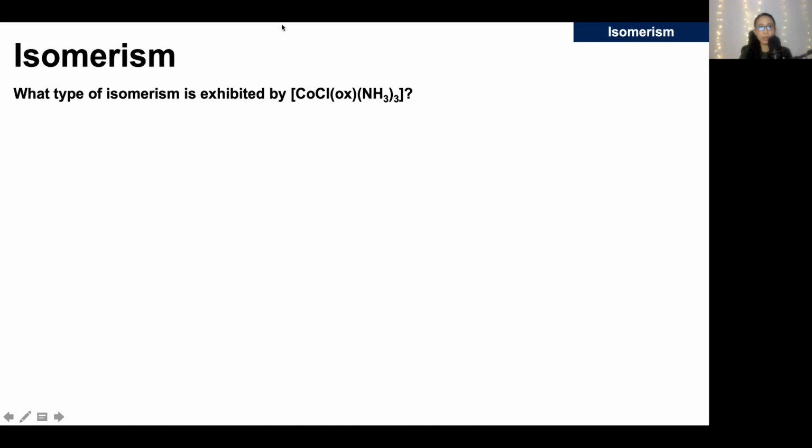So most likely this is geometric isomerism. First, let's identify the coordination number so that we can decide whether we will consider square planar or octahedral.